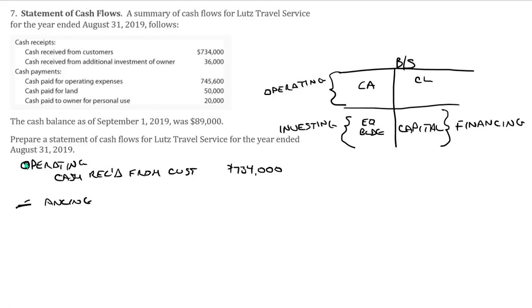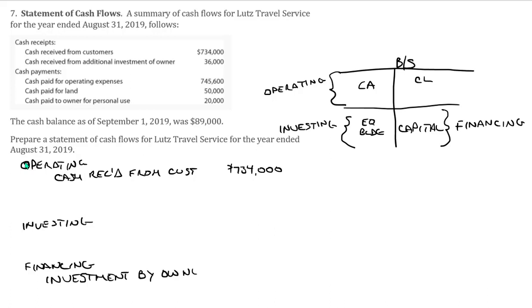This should have been investing, and then down in the bottom, financing. So we can say investment by owner. The investment by the owner was 36,000.